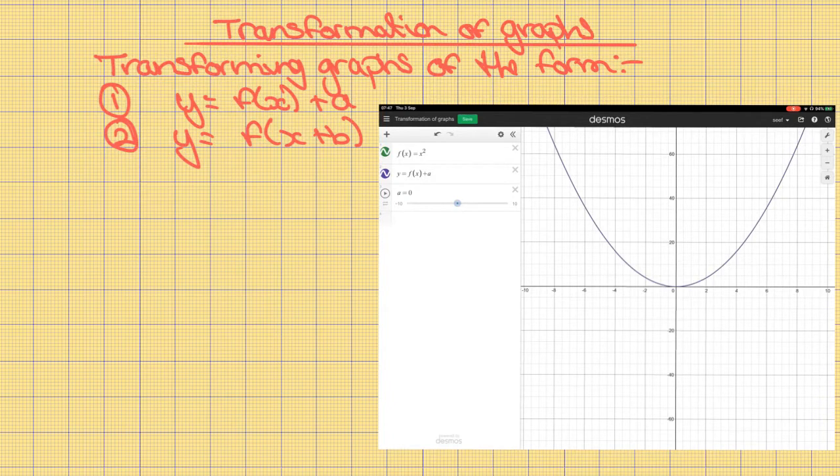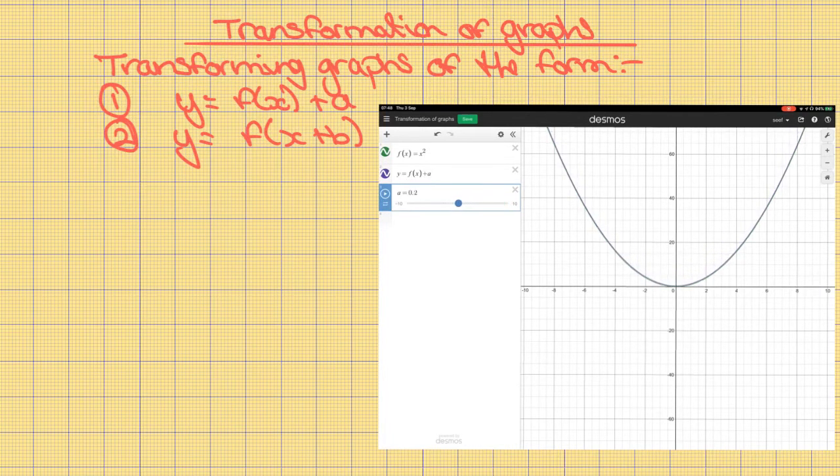If we make a positive, you can see the graph moving up the screen. So the graph moves parallel to the y-axis, and when a is equal to 10, you can see that the vertex is at 0, 10.